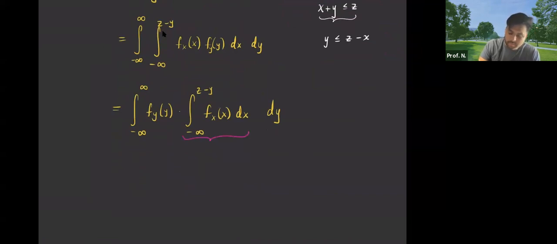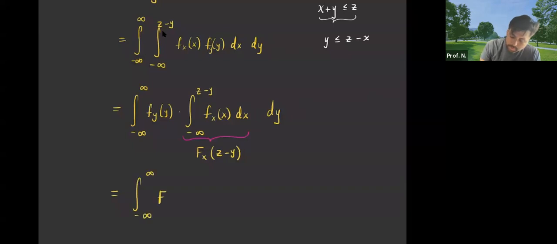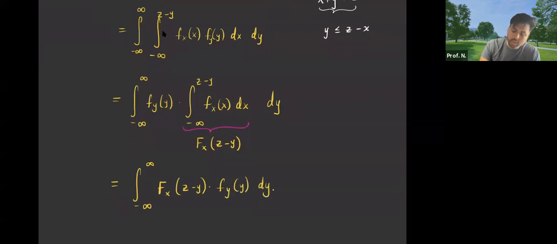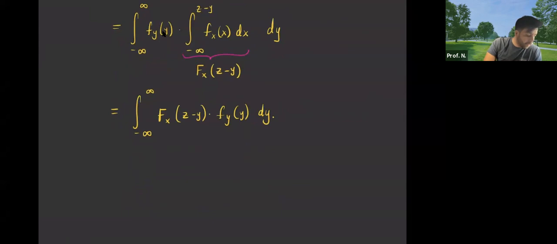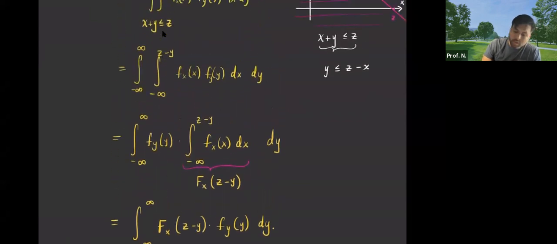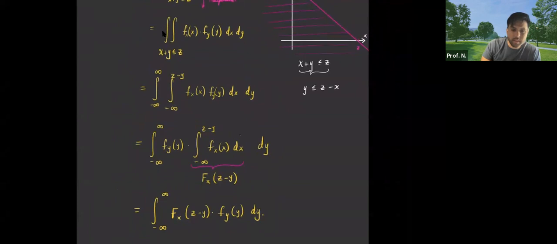It's the CDF, so this is like the big X, and the input here is z minus y. So another way I can rearrange this is the integral from negative infinity to infinity of big F of x, z minus y, times little f of y dy. So a lot of this is just in generality, okay?